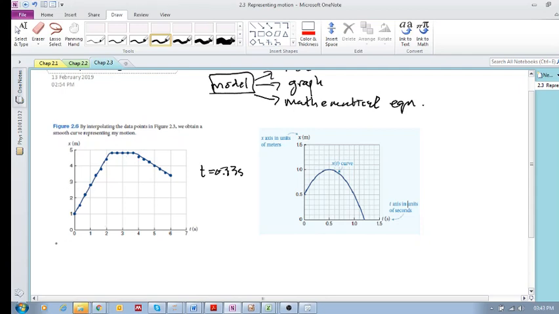Now, what would happen if we kept making this time smaller and smaller? Say the time was 0.1 second. Every 0.1 seconds, what would happen if we captured his position? Or if we made the time 0.01 seconds, or even smaller?